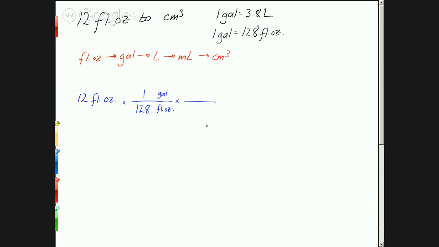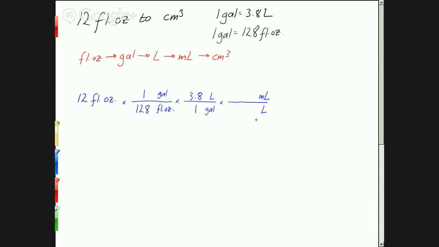Okay? So next, looking at units first: liters on top and gallons on the bottom. And we can use our factor here, 3.8 liters, 1 gallon. All right, then we've got our liters on the bottom.